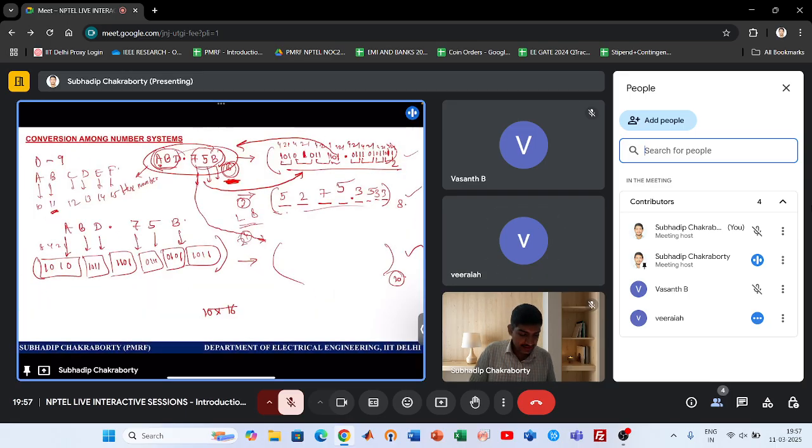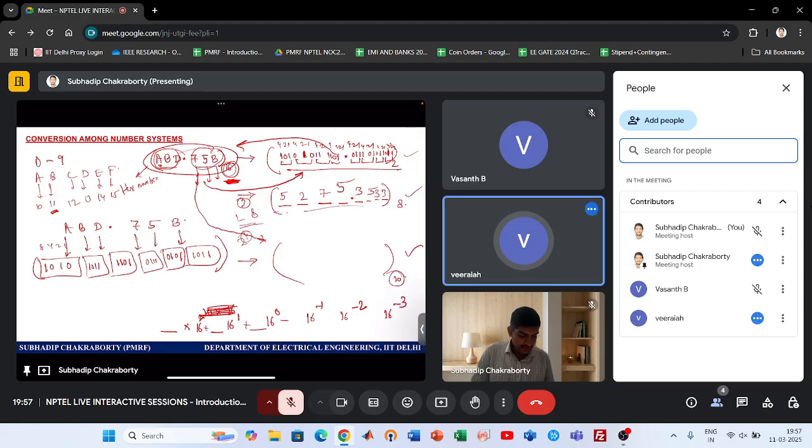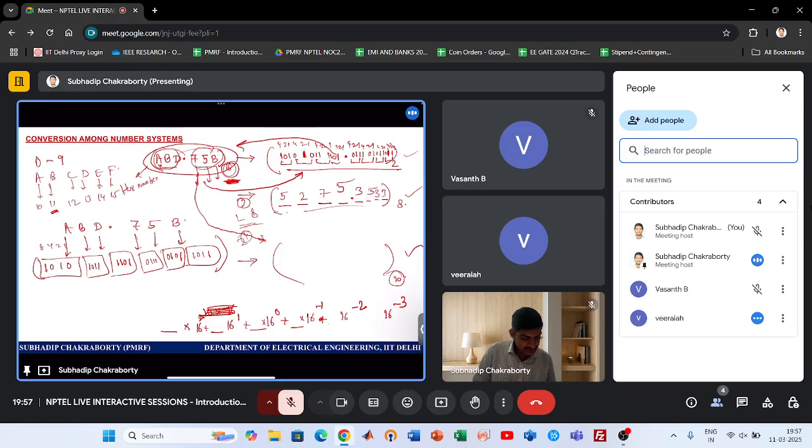Let us write like this: 16 to the power 0, 16 to the power 1, 16 to the power 2, 16 to the power minus 1, 16 to the power minus 2, and 16 to the power minus 3. And you had some values: 13 into 16 to the power... and how can I write this? Plus.